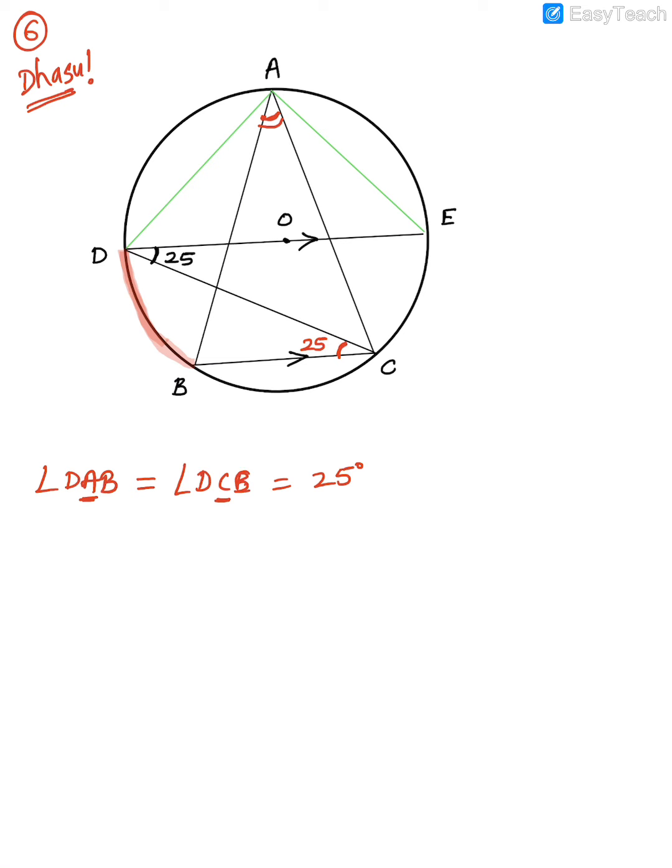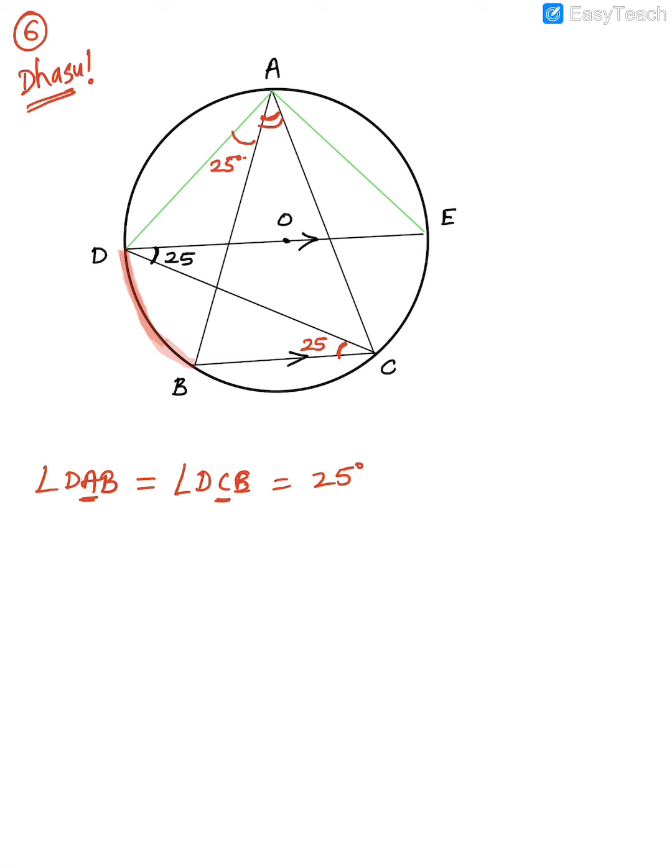So start is D, end is B. When you're checking the figure, you have this DAB. Which other angle is there which starts with D and ends with B? This is the other angle. So these are the angles, okay? Now basically we've got that this angle out here is equal to 25 degree.